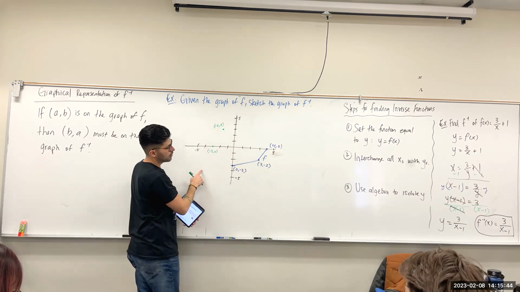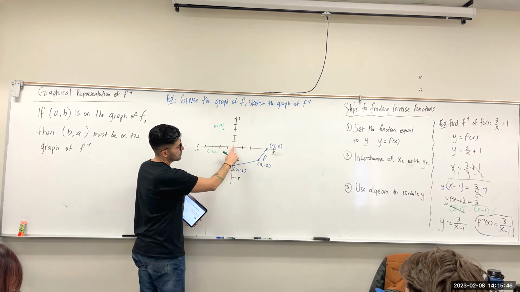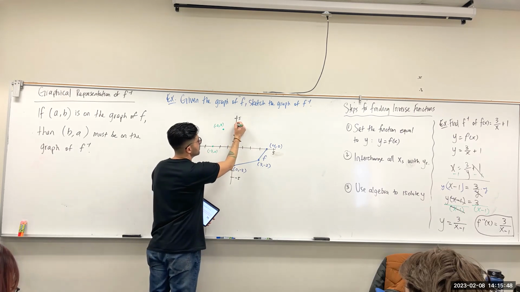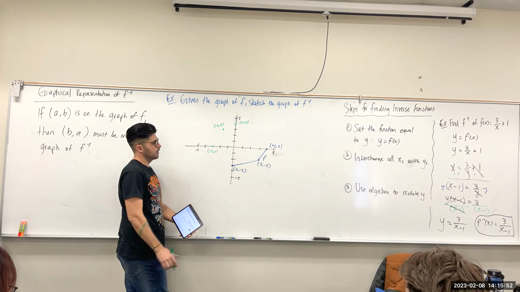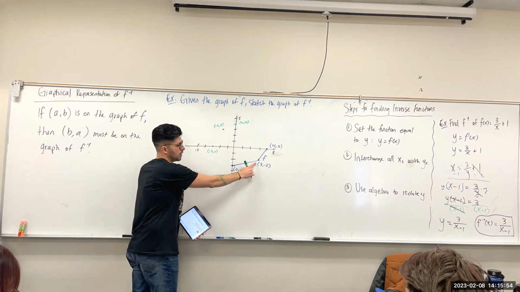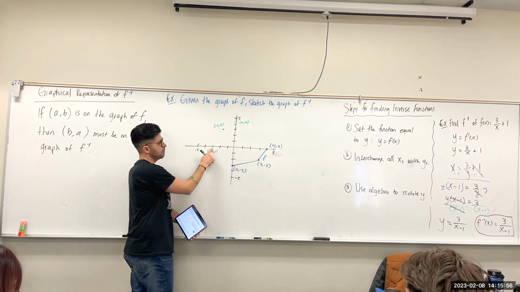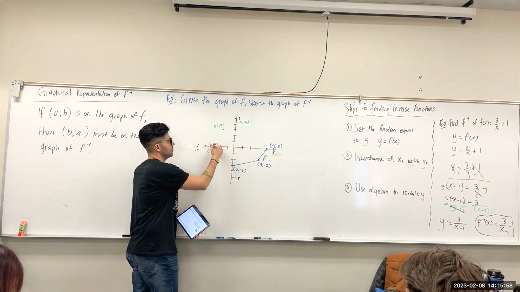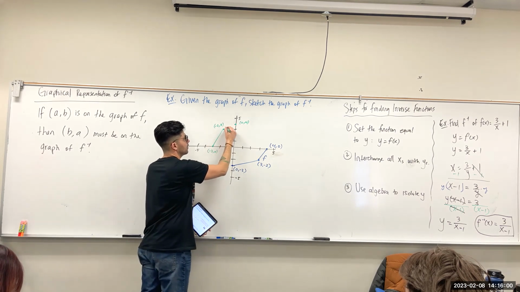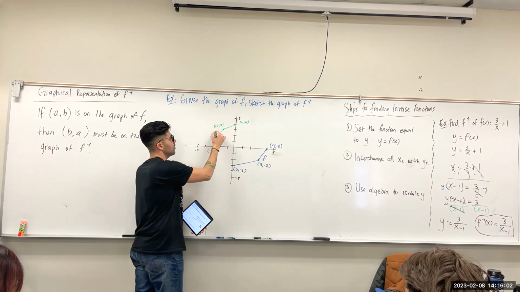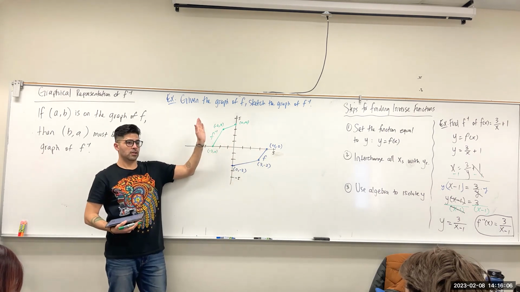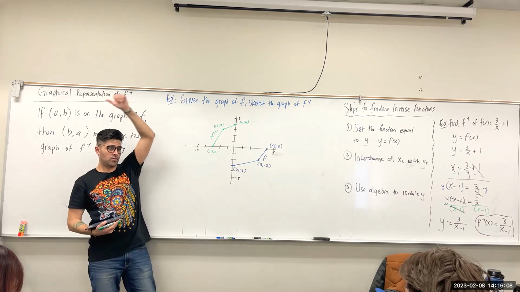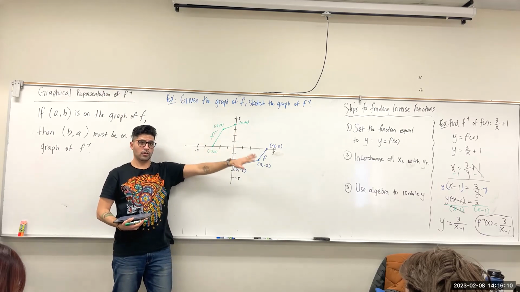And the last one is (4, 0), which becomes (0, 4), up here. This point connects to (-2, 3). So even though I don't know the inverse function, the algebraic expression, this property has to be true. So therefore the graph will have to look like this.